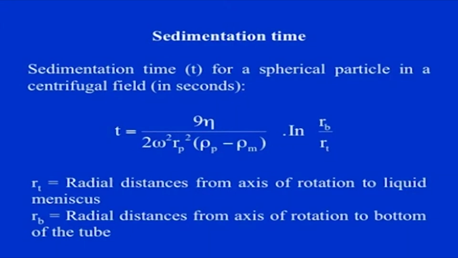The sedimentation time for a spherical particle in a centrifugal field, in seconds, is given by this particular equation, derived from the earlier equation, where t, the time of sedimentation in seconds, involves log R B upon R T. Now, R T is the radial distance from the axis of rotation to the liquid meniscus, and R B is the radial distance from the axis of rotation to the bottom of the tube. So, this equation gives you the sedimentation time.